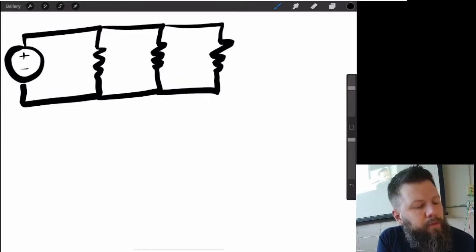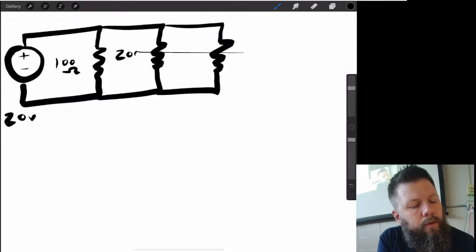All right, so let's put that 20 volts right here. Okay. All right, let's put 100 ohms right here. Let's put 200 ohms right here.